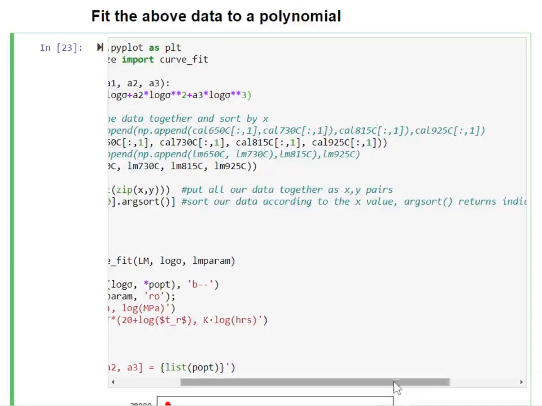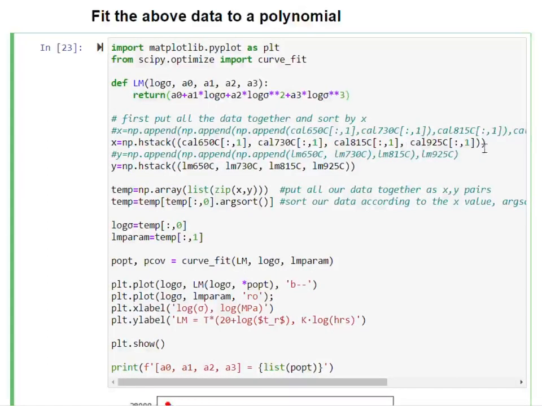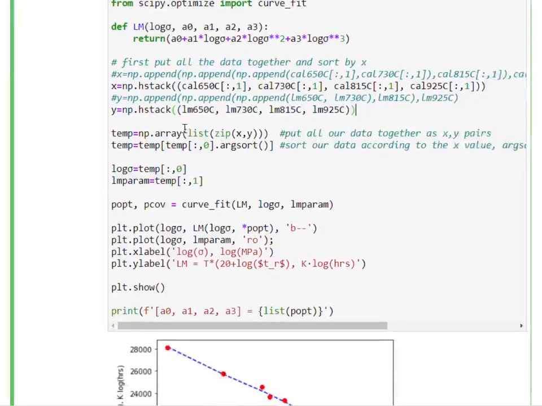So that's basically what we're doing here, just a little simpler. We're just stacking it, and it does the same job as the appending. So I'm going to stack the Larson-Miller parameter data together, so that now I've got x and y data sets for all of the data that we just plotted.